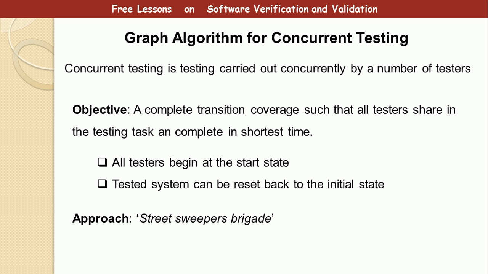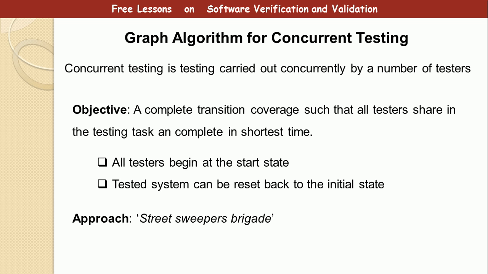Alright, let's move to the third algorithm, and that is the graph algorithm for concurrent testing. In this case, the test is carried out concurrently by a number of testers, not just one or two testers at this time.